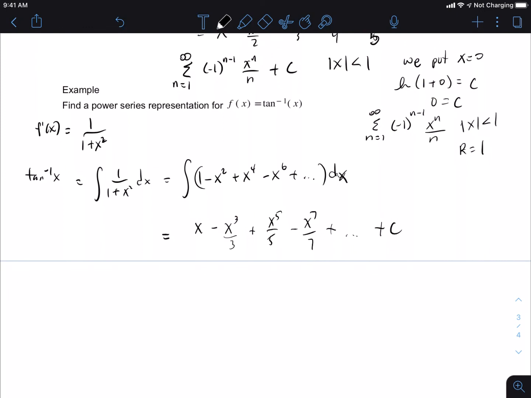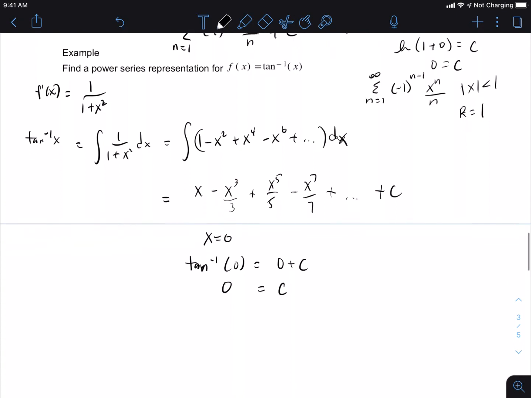If we plug in x equal to 0, we see that everything is going to be 0 except for c, and so when x is equal to 0, we're going to get tangent inverse of 0 is equal to this 0 plus c. So then that tells me that c is equal to 0, right? Because tan inverse of 0 is 0.